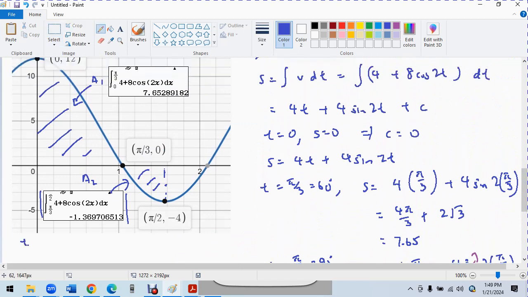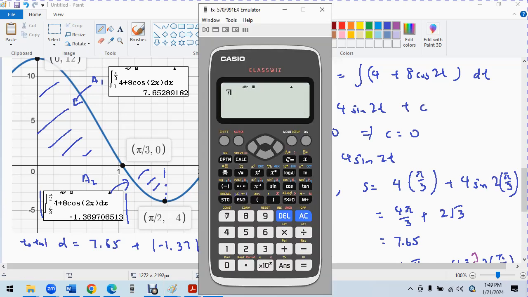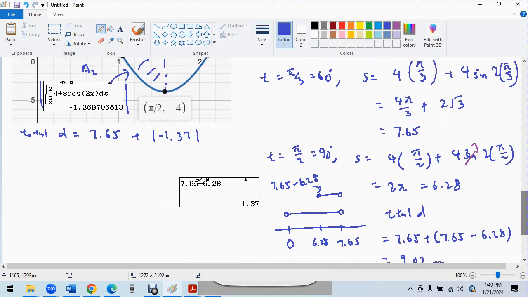So the total distance traveled will be 7.65 plus the modulus of negative 1.37. So we have 7.65 plus 1.37, then it is 9.02 meters.